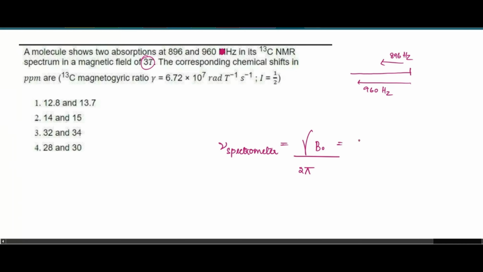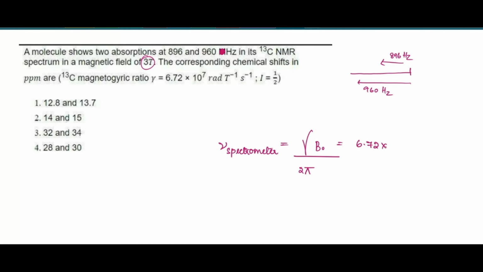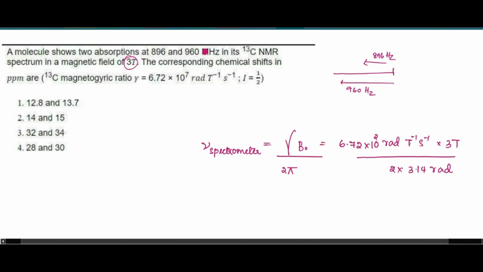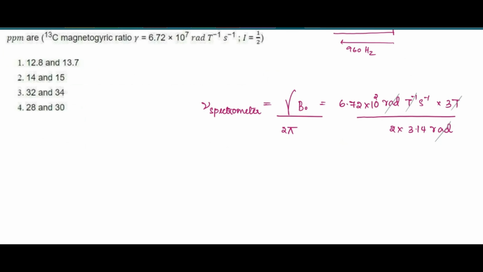The gyromagnetic ratio given is 6.72 into 10 to the power 7 radian per Tesla per second, and the magnetic field is given as 3T, and 2 pi is 6.28 radians. Okay, so the radians cancel, the Tesla cancels. So finally you have frequency in per second. Okay, find the frequency.